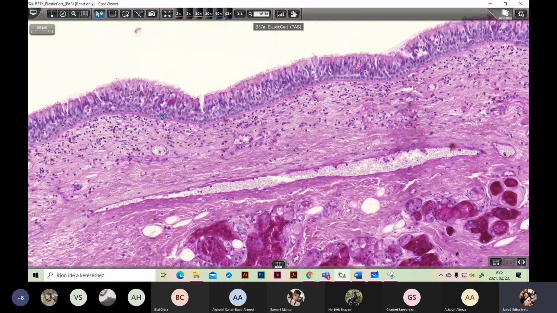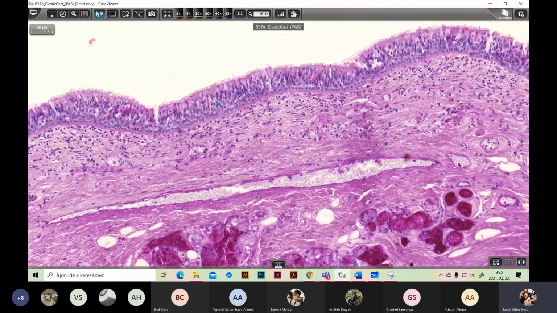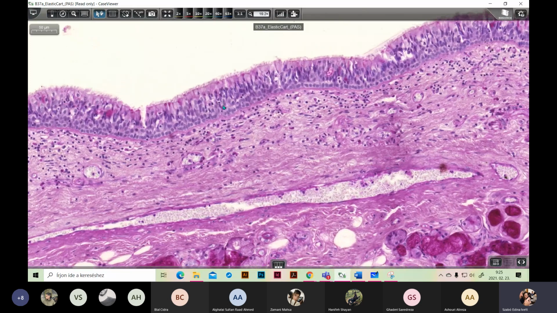That's why sometimes the surface epithelium is not so beautiful, but more or less you can see the type of the epithelium here. These cells are very close to each other. It's a surface epithelium, and you see here the reserve cells.